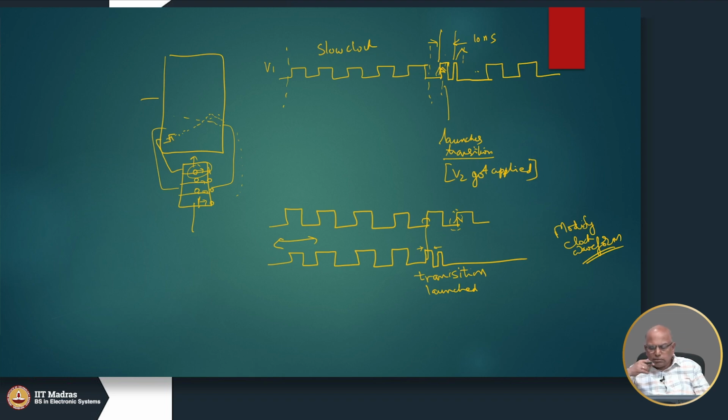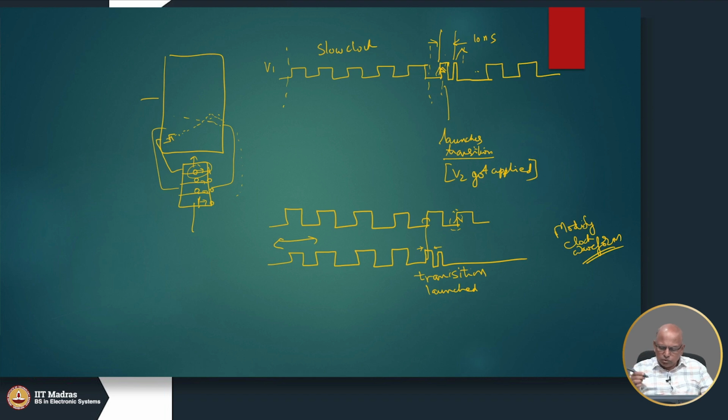And whether we can apply the vectors in such a way that the transition gets launched and gets propagated to one of the flops, it's not very clear whether it can be done or not.